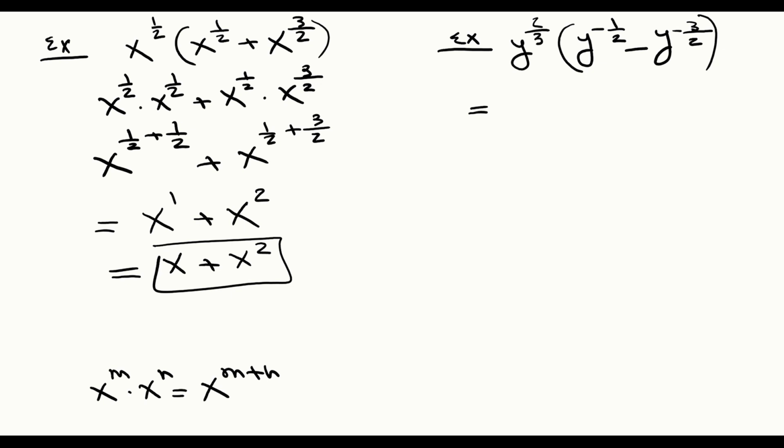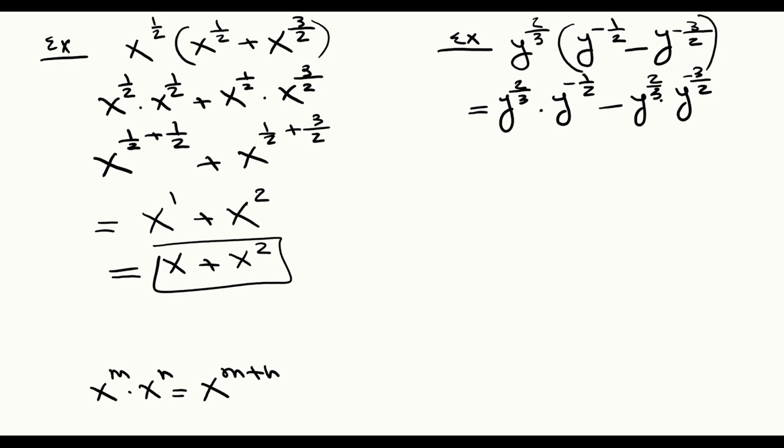Welcome back. So I'm hoping you distributed the y to the 2/3. So we get times y to the negative 1/2 minus y to the 2/3 times y to the negative 3/2.